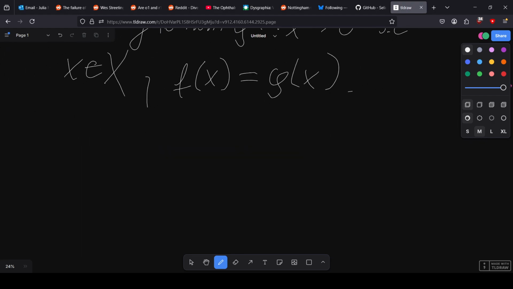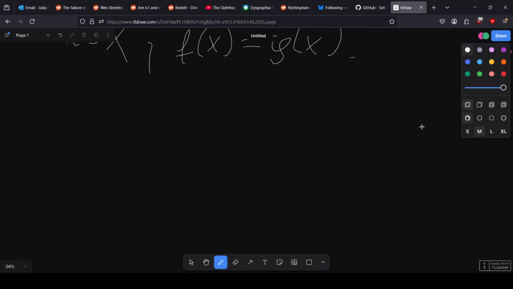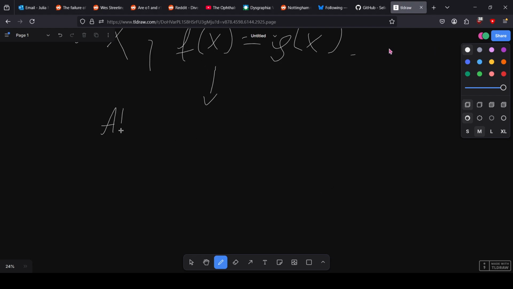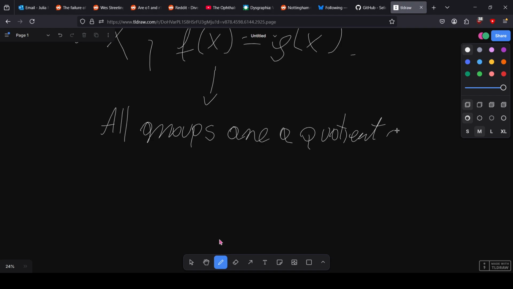Now, what this allows us to do next is there's a very direct consequence of this, which is very nice, and that is all groups are a quotient of a free group.